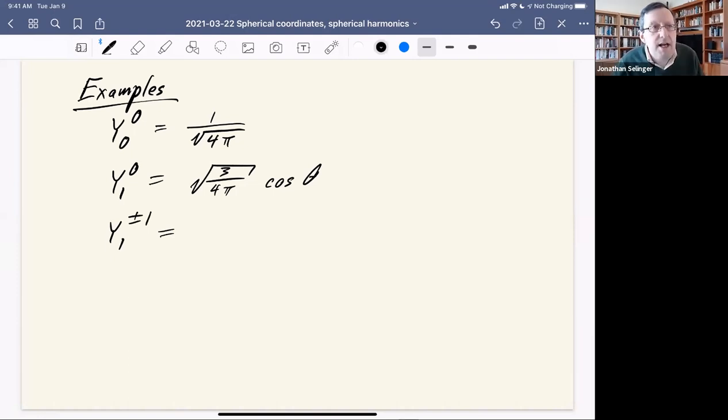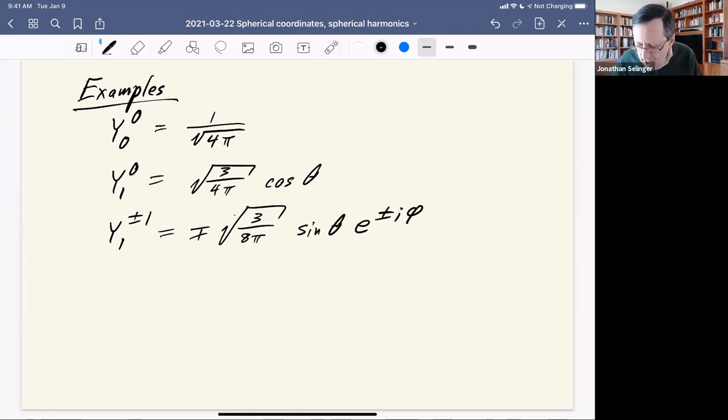Okay. Then we have minus or plus the square root of 3 over 8 pi times sine theta e to the plus or minus i phi.